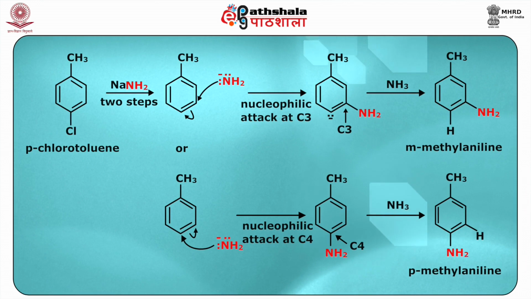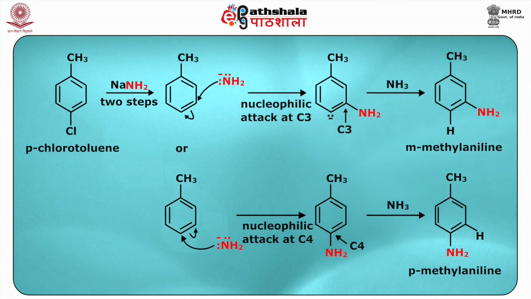Yet, in another reaction, para-chlorotoluene with a strong base, that is sodamide or sodium amide, leads to the formation of para and meta substitution products. Now, sodium amide is a very strong base. This result was surprising and was explained by the fact that nucleophilic attack on the reaction intermediate occurs at either the C3 or C4 position.